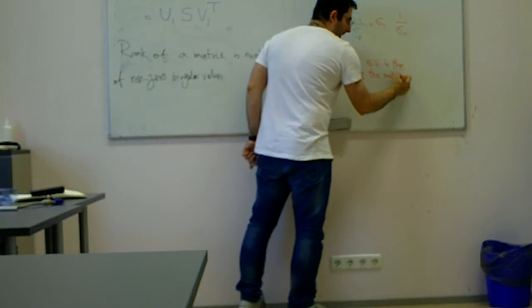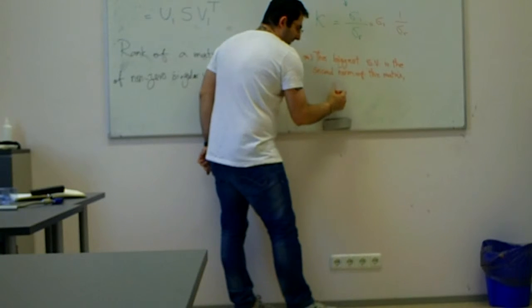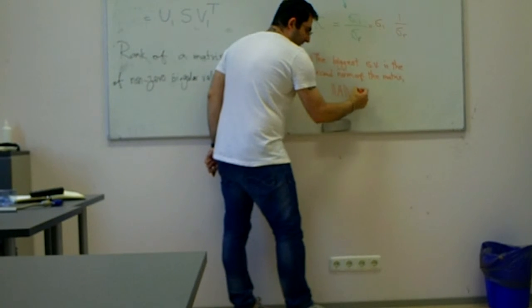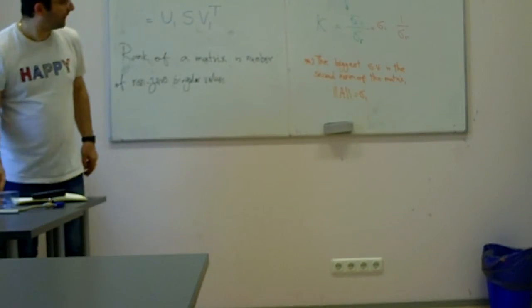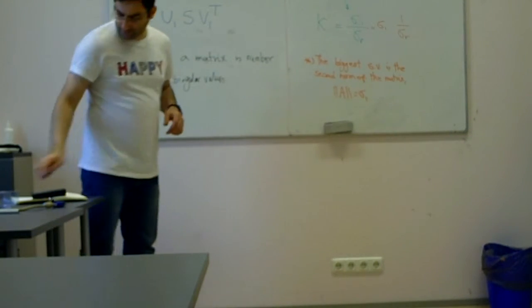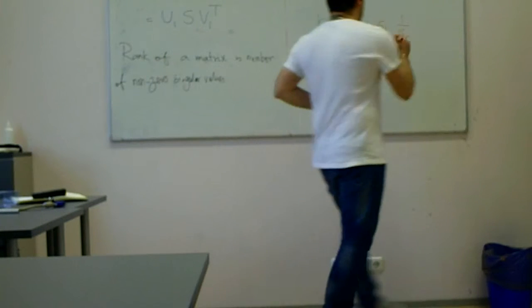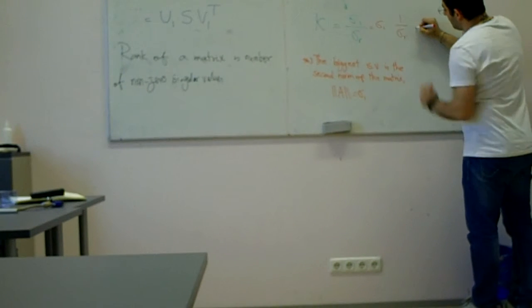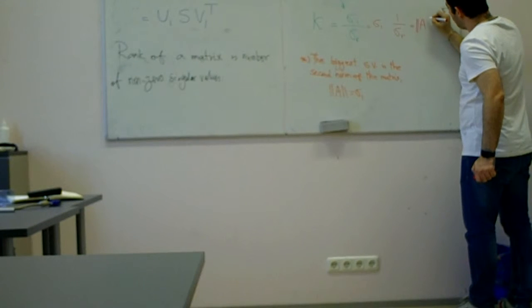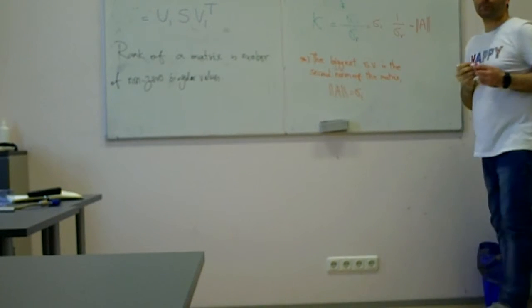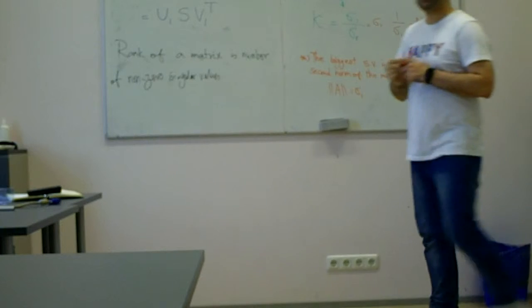In other words, the second norm of A is equal to sigma 1. So it means that instead of this one, I can write the norm of A.